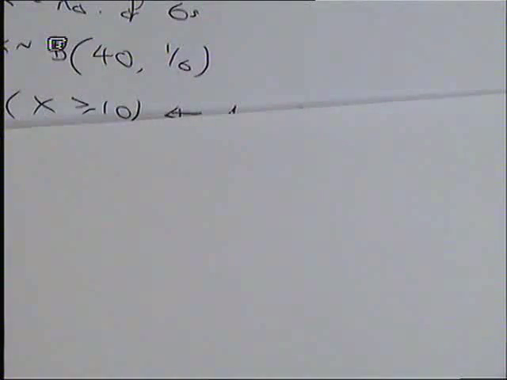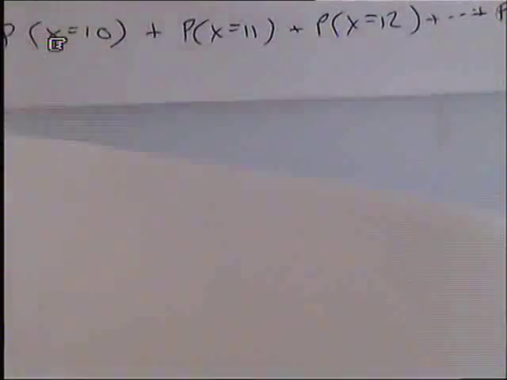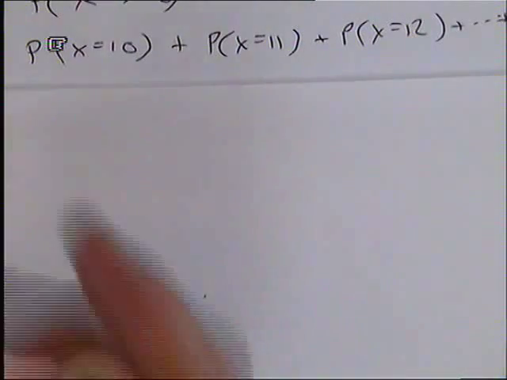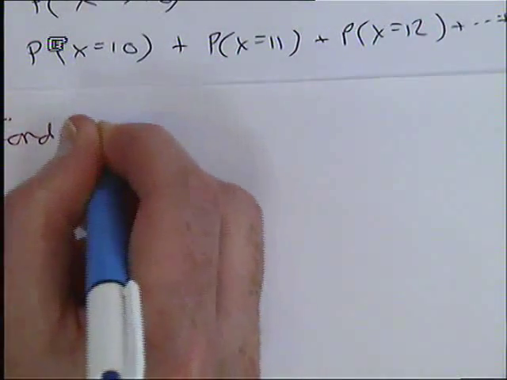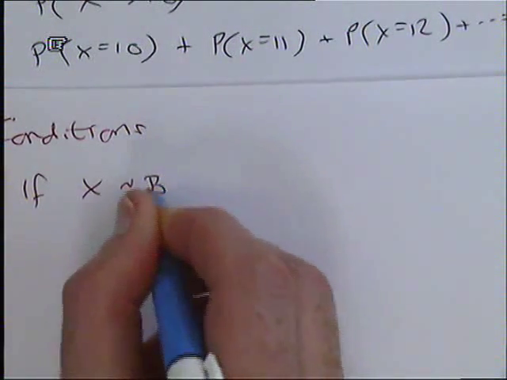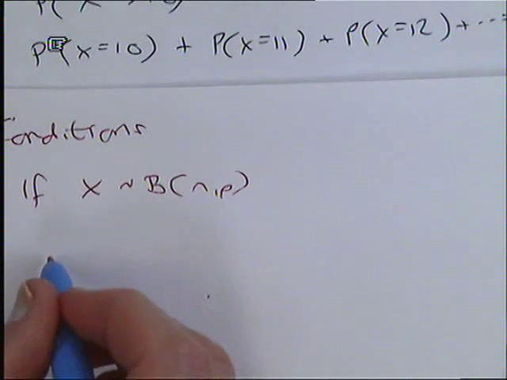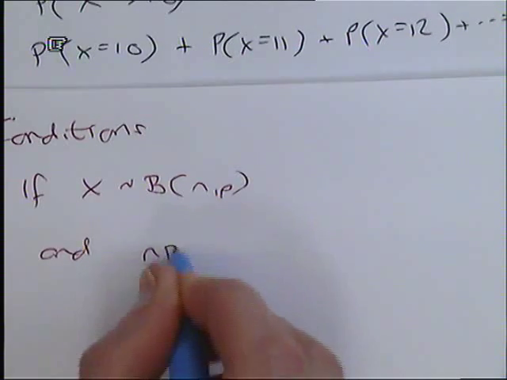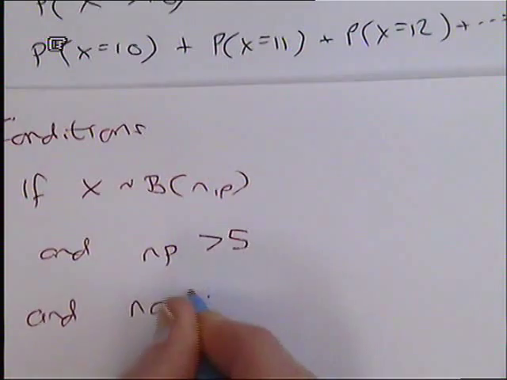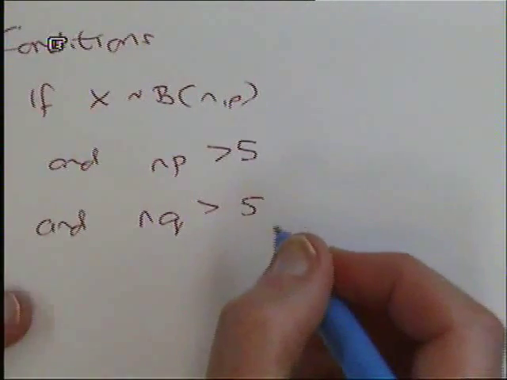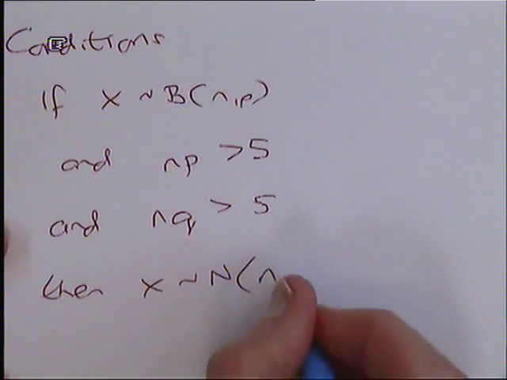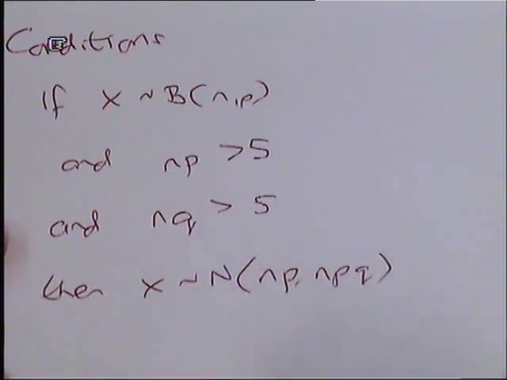And every time you use this technique in the exam, you have to state those conditions and that they have been met. So, the most important thing that we need to write down now are the conditions for using the approximation. So the conditions are, if X is binomial n, p and np is greater than 5 and nq is greater than 5, only if both of those are met, then X approximately follows the normal distribution np, npq.